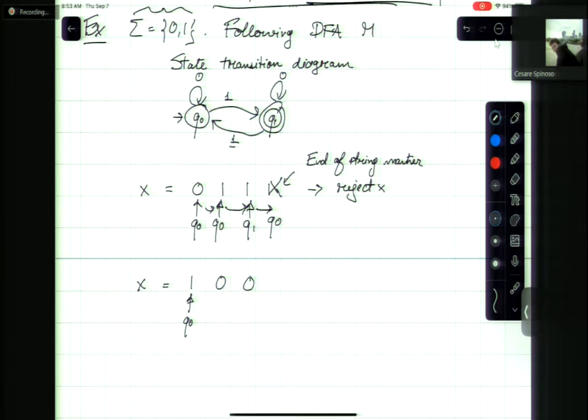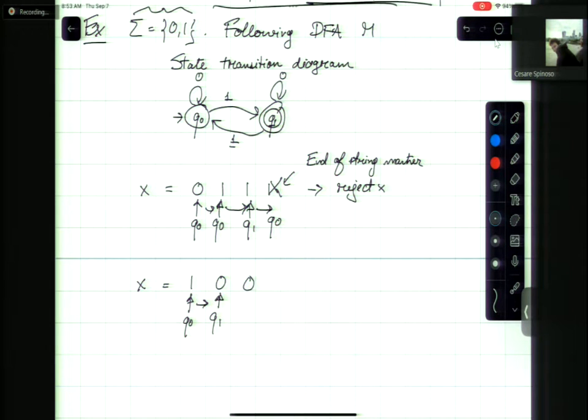So now I'm at Q0, and I'm reading a 1. I'm not reading a 0 anymore. I'm reading a 1, because that's what's on my pointer. And so if I'm reading a 1 and I'm at Q0, I go to Q1. So I transition to Q1, and now I'm reading a 0.